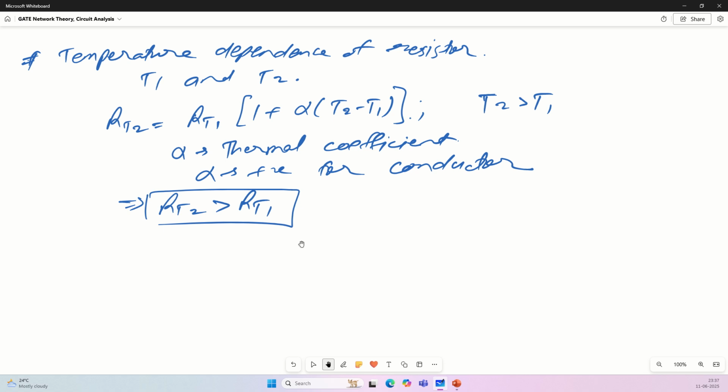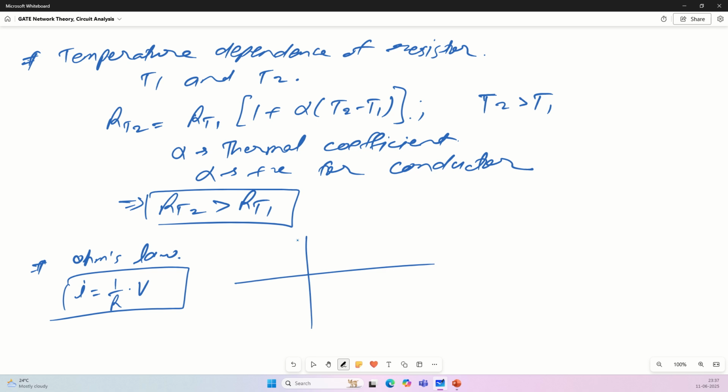Now let us talk about Ohm's law. So Ohm's law says my current through an element is inversely proportional to voltage. Sorry, it is directly proportional to voltage. So you can write I is equal to 1 by R times V. So this is the graph of voltage versus current.